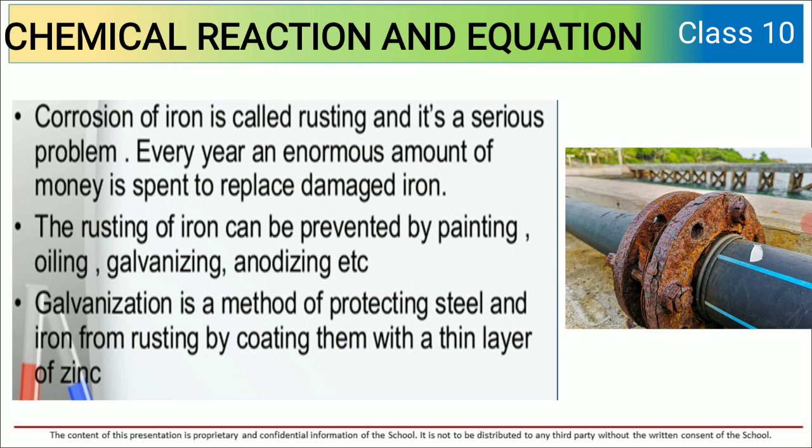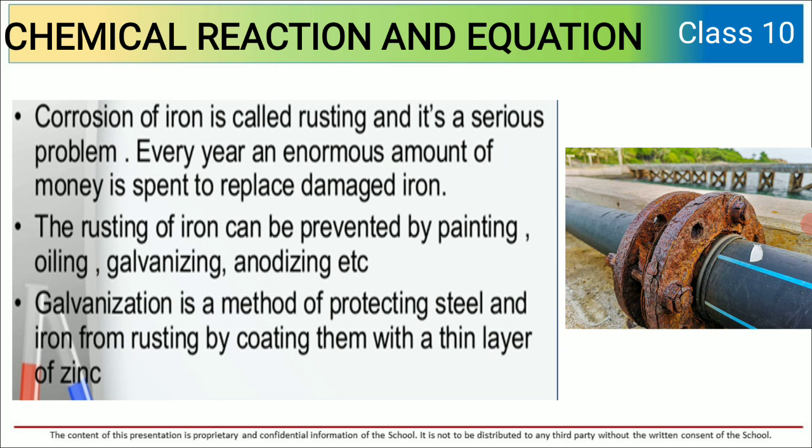Now, if the iron is not in a good condition, if it is not properly maintained, we can't keep it over there so that it can get more oxidized, more corroded.